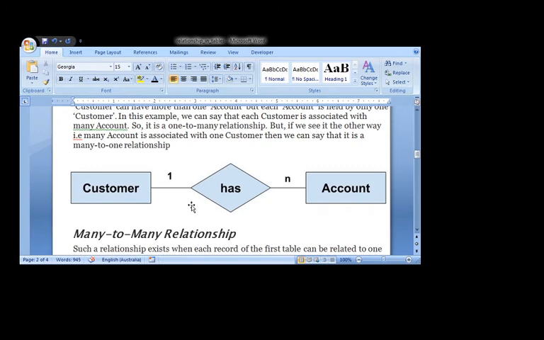Another example we can take, like we open a bank account. So we have account number, account holder name, balance amount. This is one table, balance table, for example.